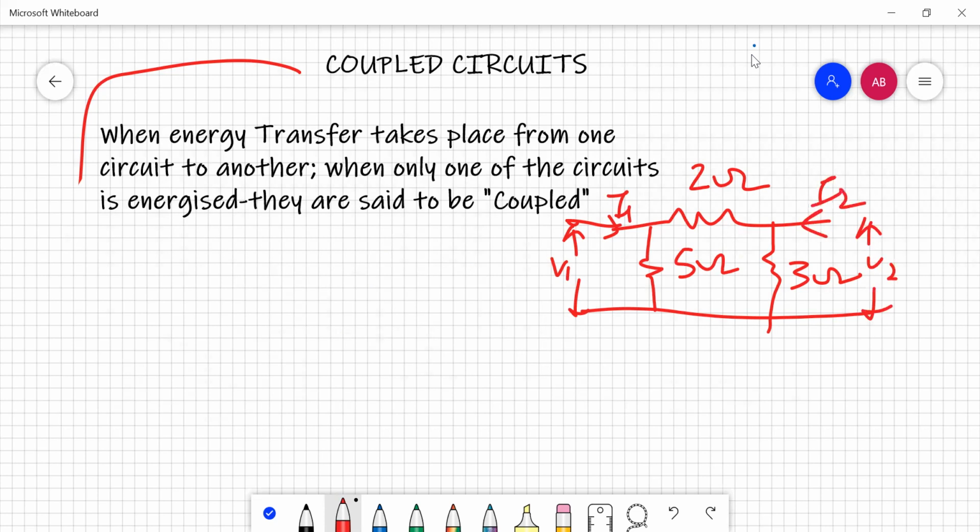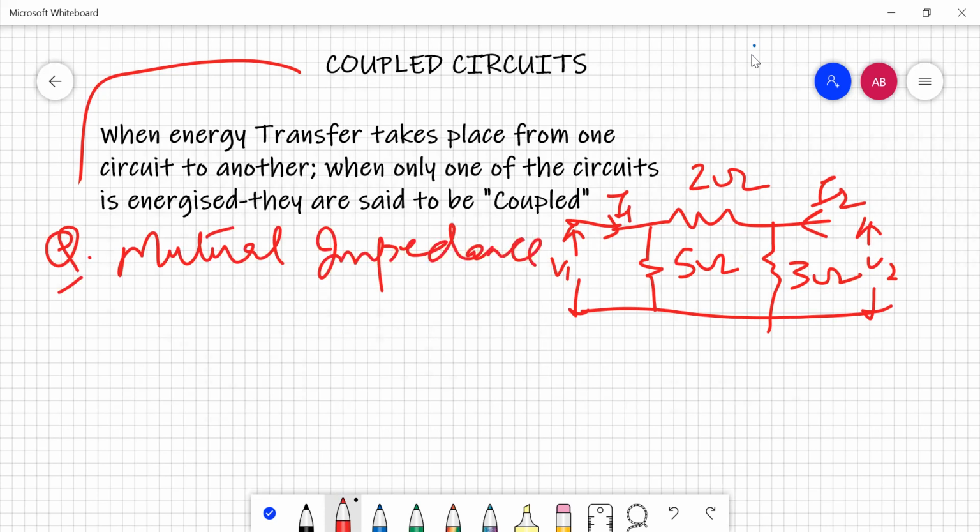And now the question tells you to calculate the mutual impedance of this conductively coupled circuit. So whenever this is asked, you can either calculate your Z12 or you can calculate your Z21, right? So let's calculate Z21 here.